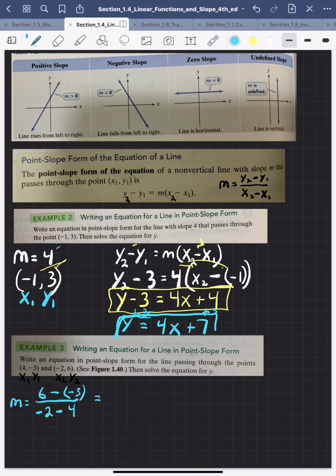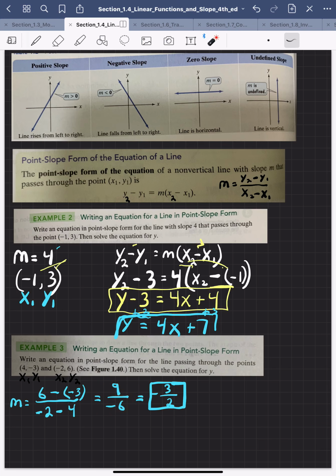We got 6 plus 3, so that ends up being 9. And then we got negative 2 minus 4, which is negative 6. Well, 9 over negative 6 can reduce to negative 3/2. All right, 3 goes into 9, 3 goes into 6.